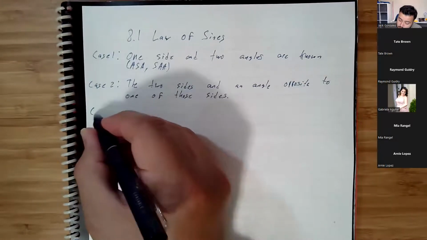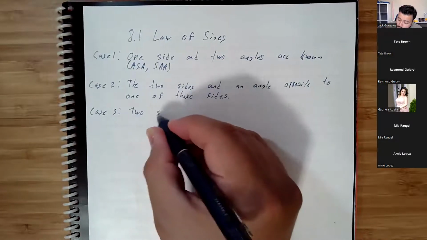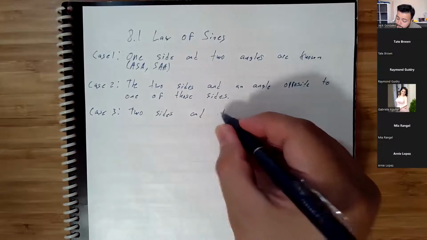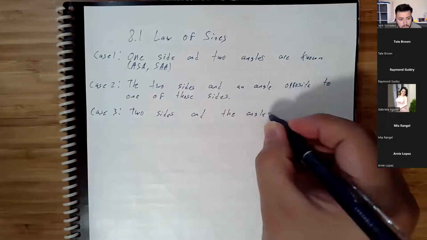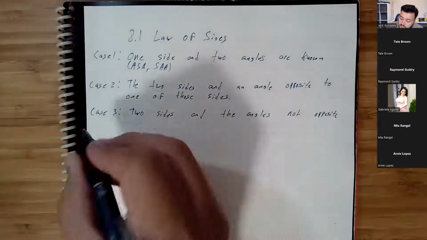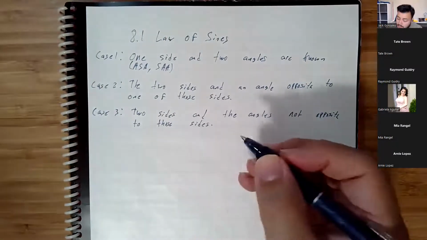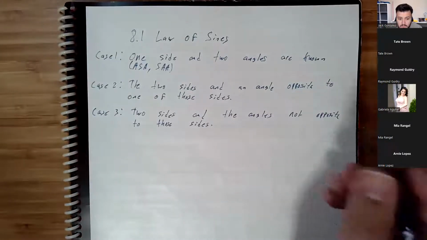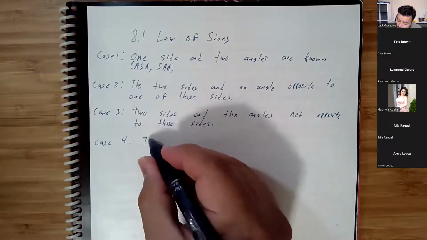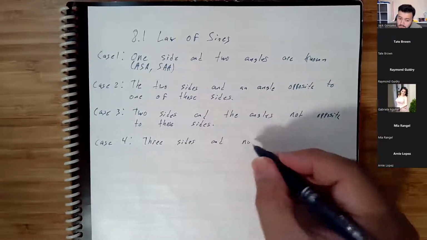Case three: two sides and the angle not opposite to those sides. Case four: three sides and no angles.